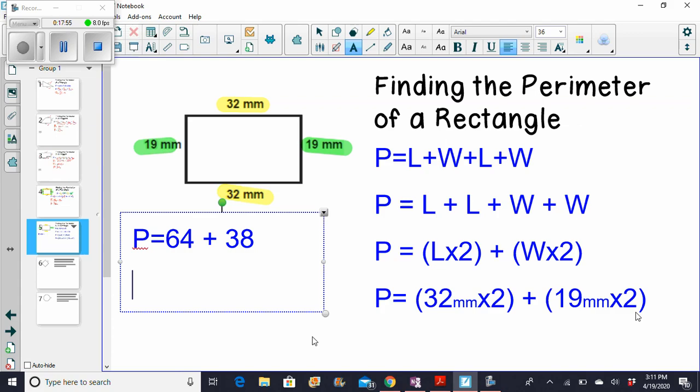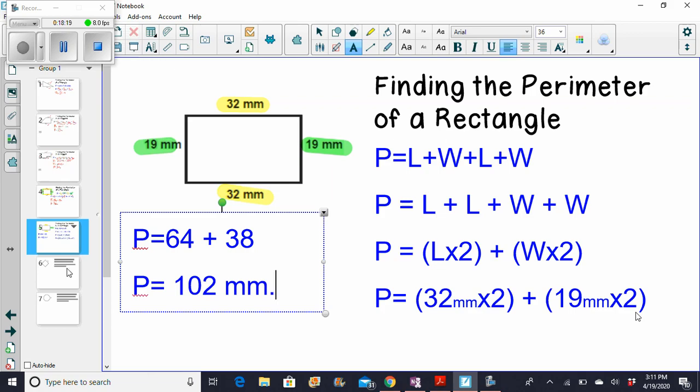And combine those together, 64 plus 38 is going to give you a perimeter of 102 millimeters. So just another way to do the very same process, you're just using some multiplication instead of addition.